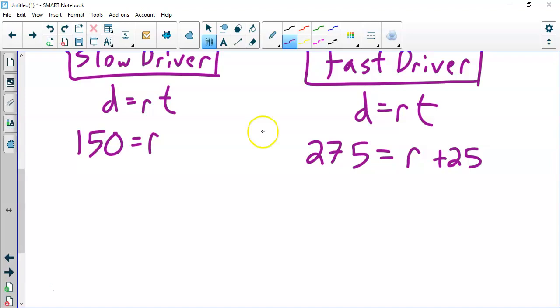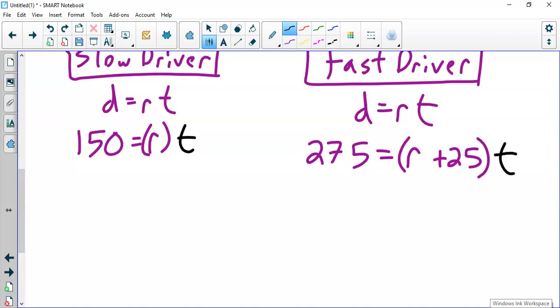And then last but not least, do we know how long they drove? They started at the same time and then they stopped after a certain amount of time. So what's that tell you about the times? No. They're the same. Times are the same. They drove for the same amount of time.